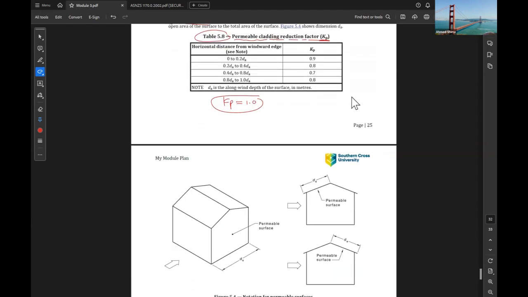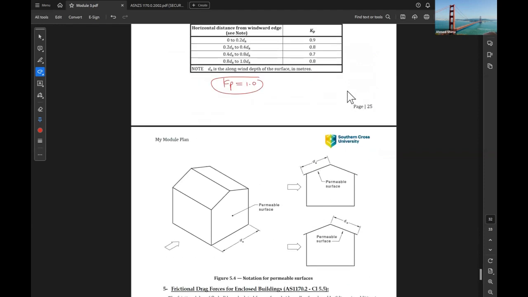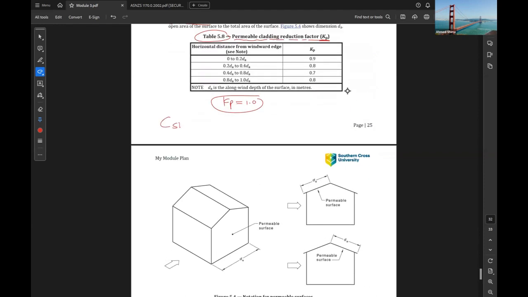So for our calculation, finally, we have C-shape external equal to CBE, this is given in the tables for walls and roofs, times KA taken as 1, times KCE.